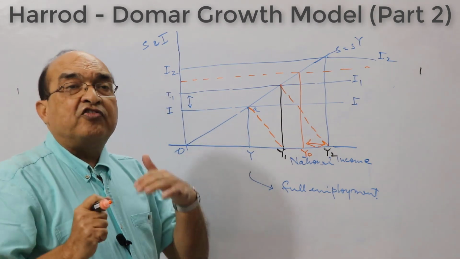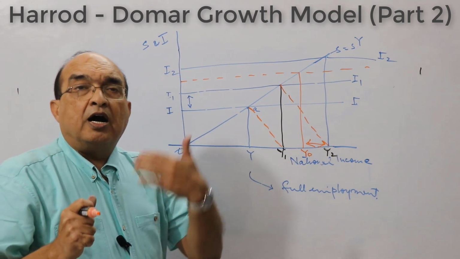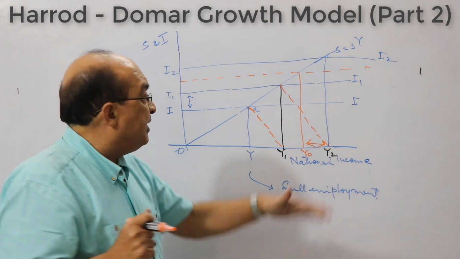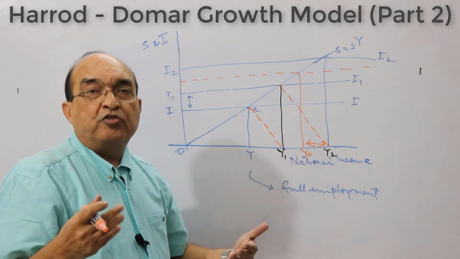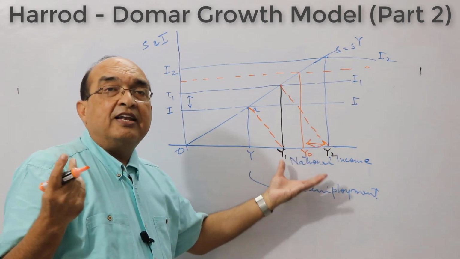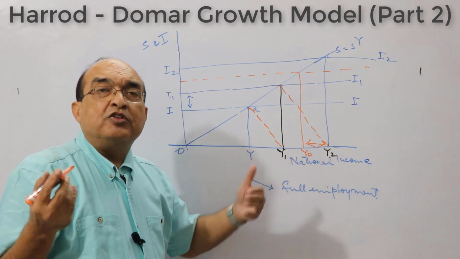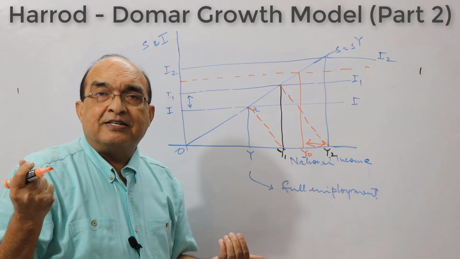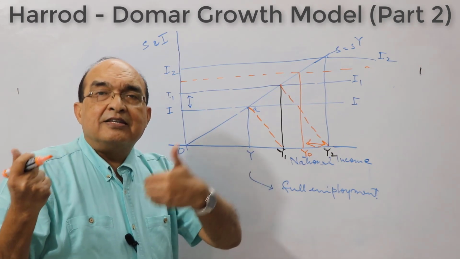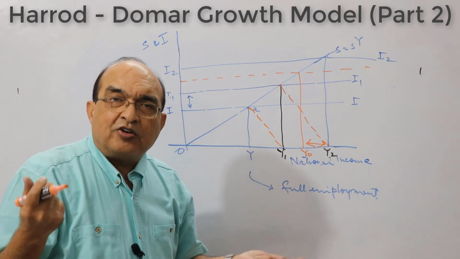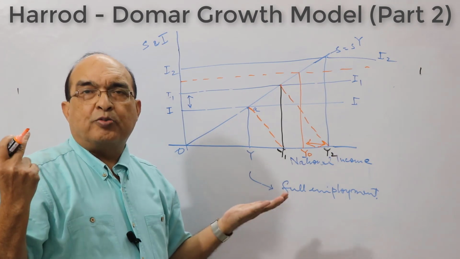Rather, producers will prefer to curb their investment in the next time period. Whatever they have produced, they are unable to sell in the market because there is a deficiency of demand. So they will curtail their investment, realizing that there is no sufficient demand for output in the economy.